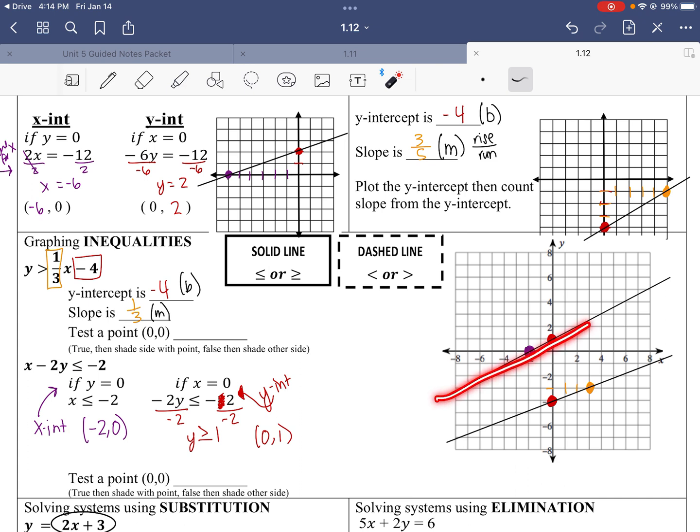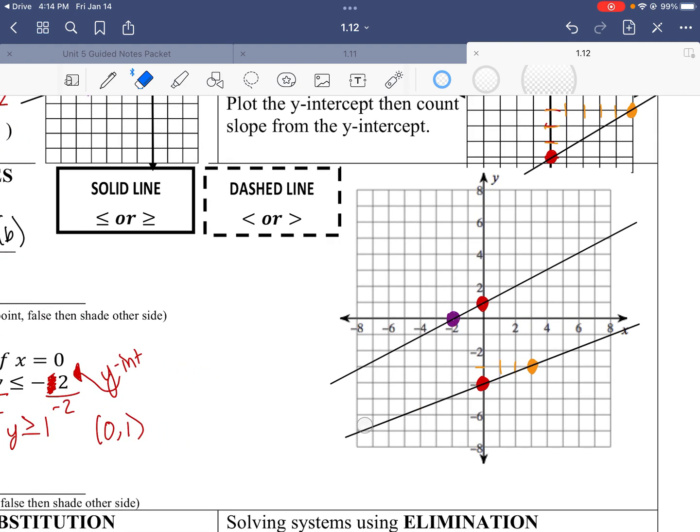It has an or equal to right here, so it should stay solid. Now the top one, this is a greater than sign. It should not be solid. Greater thans should be dashed lines. So I'm going to go back in and make this a dashed line, because that's what it should be.